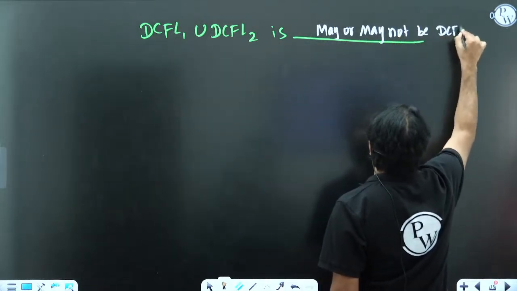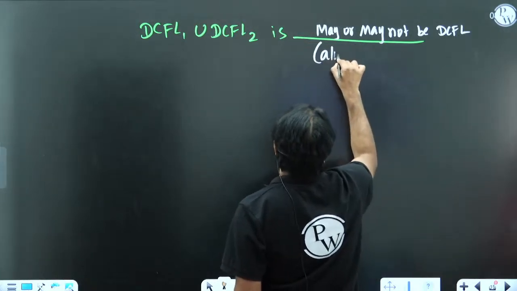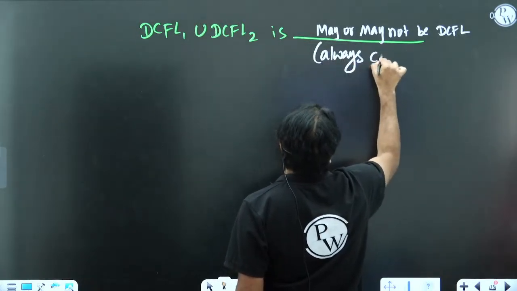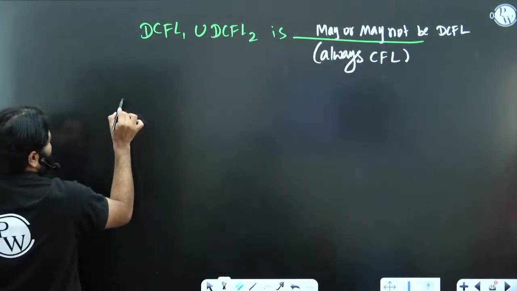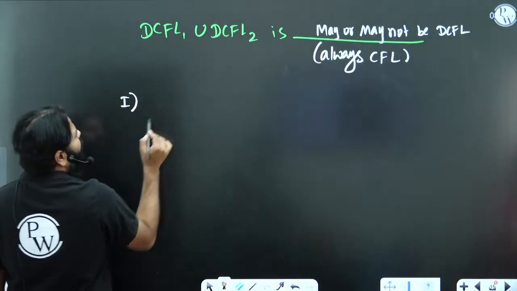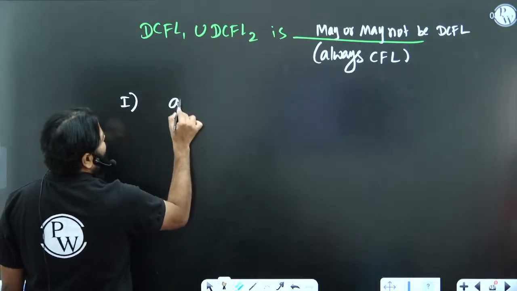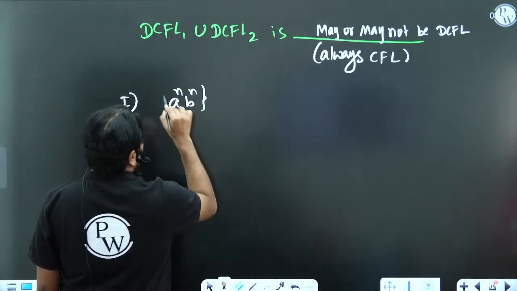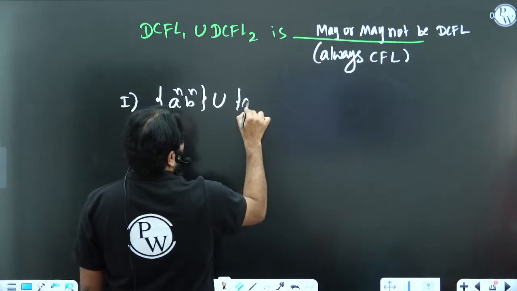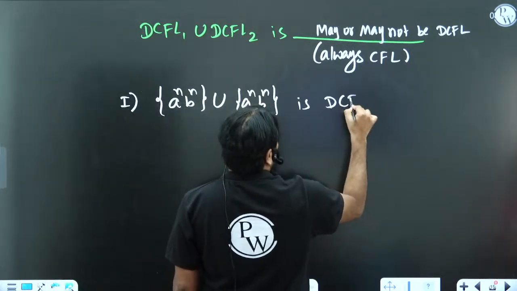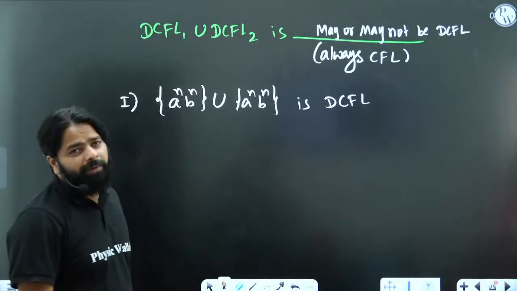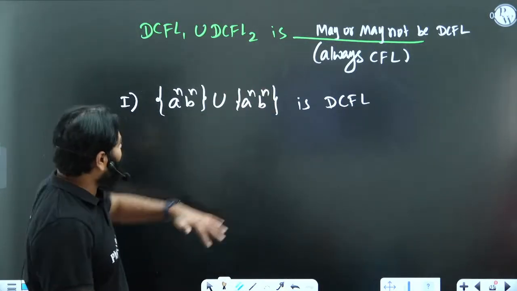But remember, there is one more point: you always get a CFL, no matter which 2 DCFLs you take. Case 1: you can take regular or anything, a^n b^n, take the same thing. What do you get? A DCFL. But I want to prove may or may not, so maybe DCFL, may not I will prove.